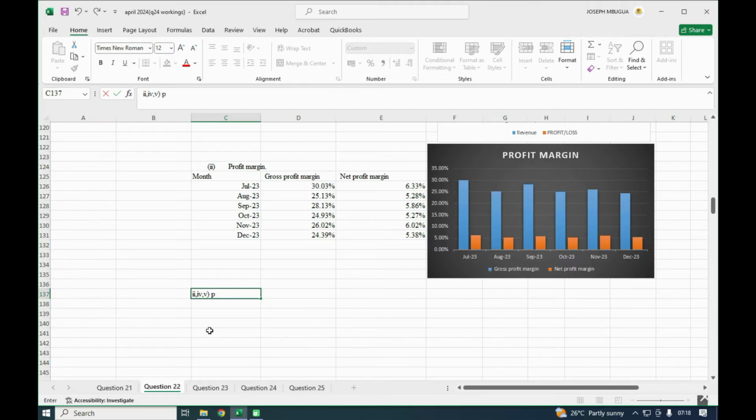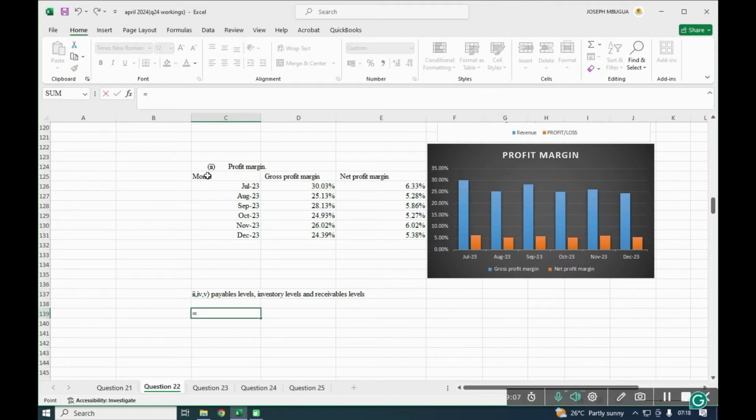So we need payable levels, inventory levels, and receivable levels. The three levels we shall calculate together.